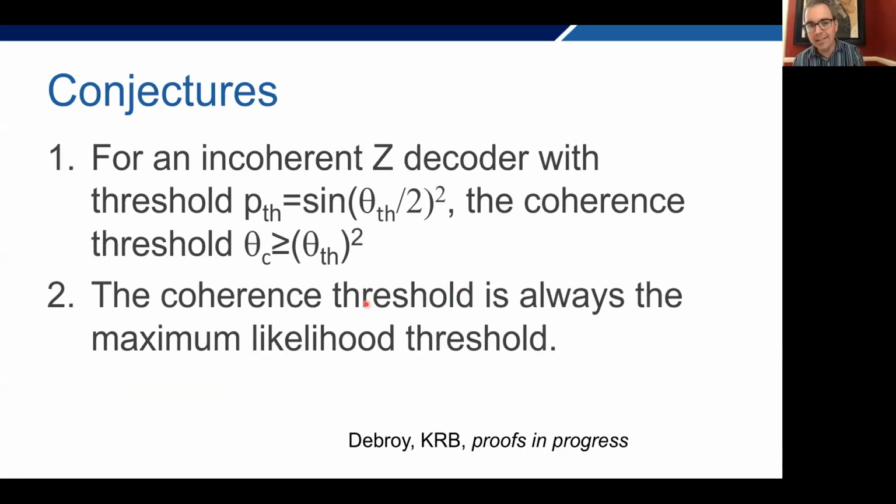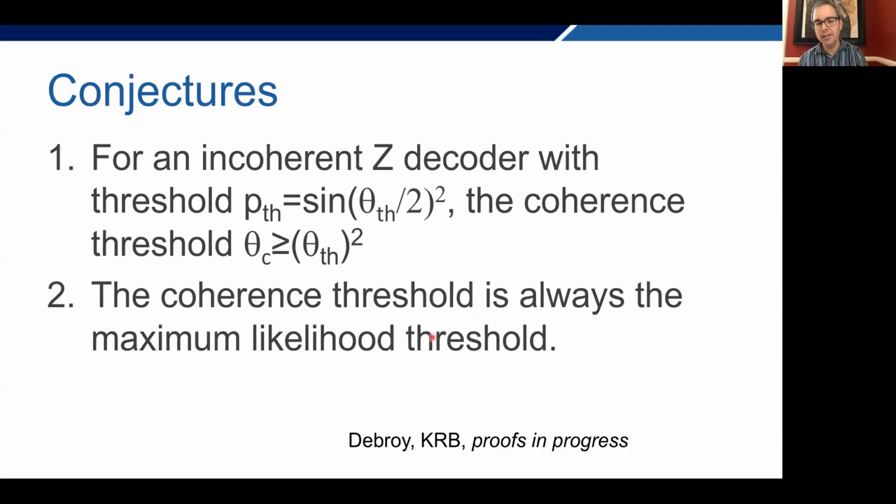I actually think these are sort of my conjectures, which is that if you have an incoherent Z decoder that has a threshold, the coherence threshold can be related to that angle. And this is a worst case, which comes from the far bad Shor side.